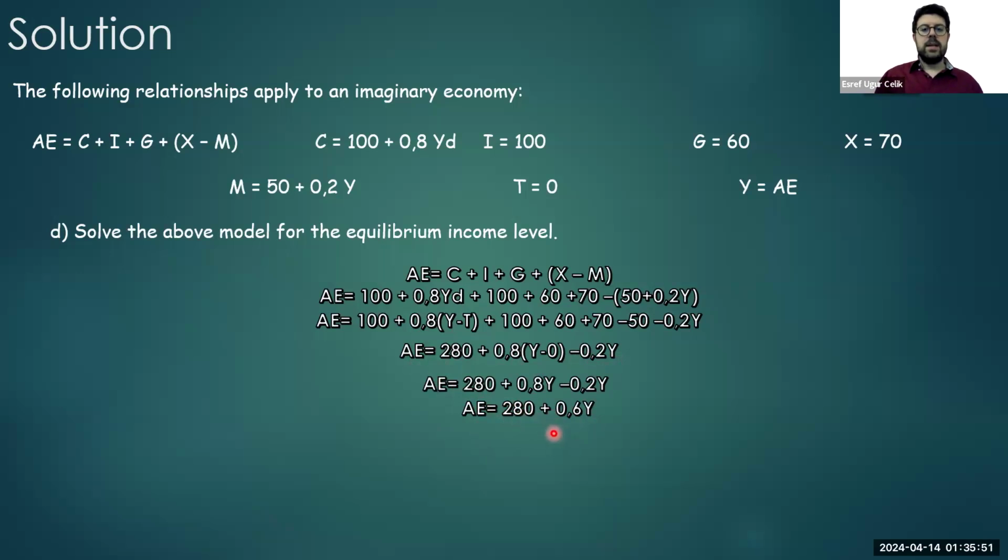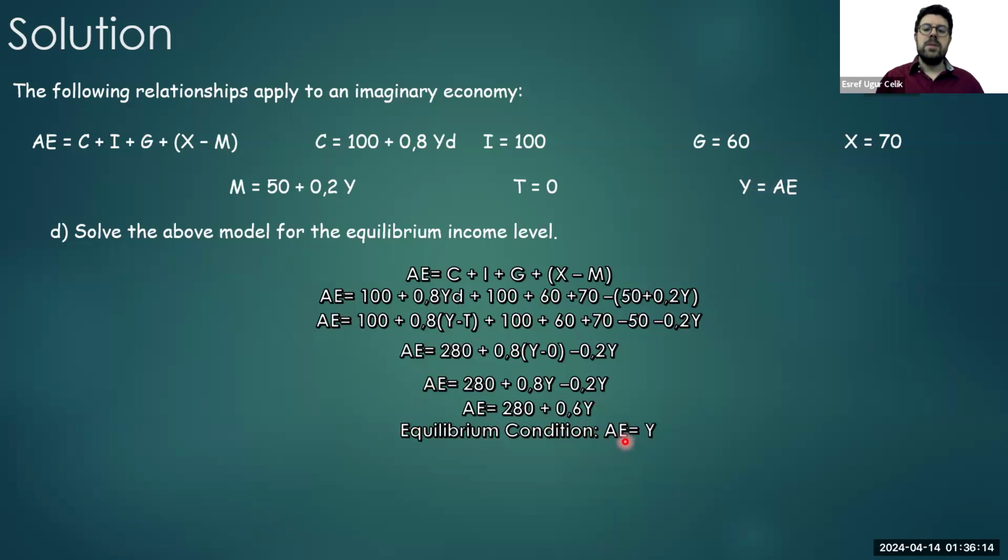When you find it, normally there are two unknown variables, aggregate expenditure and Y. At that point, you can remember the equilibrium condition. And the equilibrium condition is that one: Y equals aggregate expenditure, or aggregate expenditure is equal to total income.